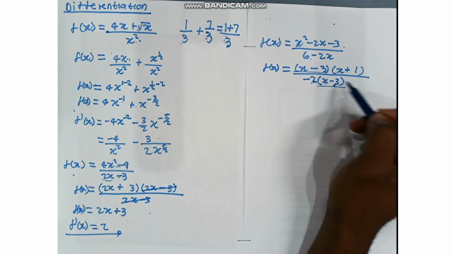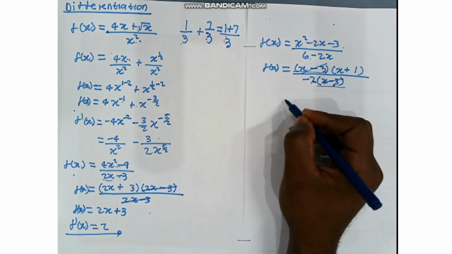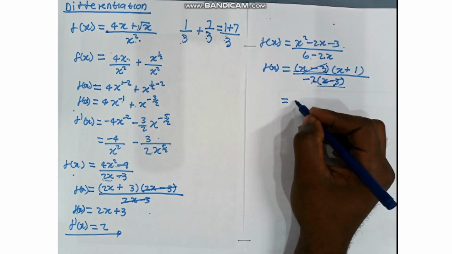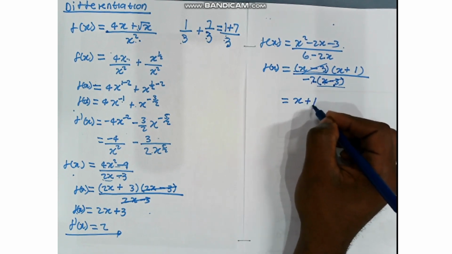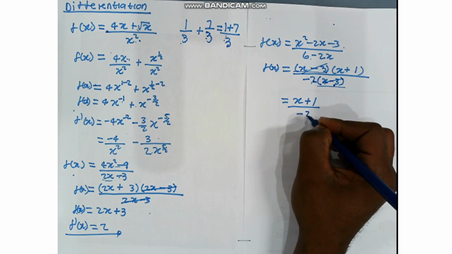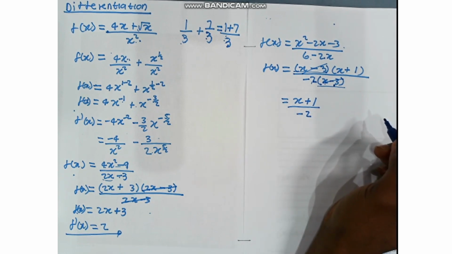I hope you understand. This now contains this. We are left with x minus 1 all over negative 2. I hope you get that one.